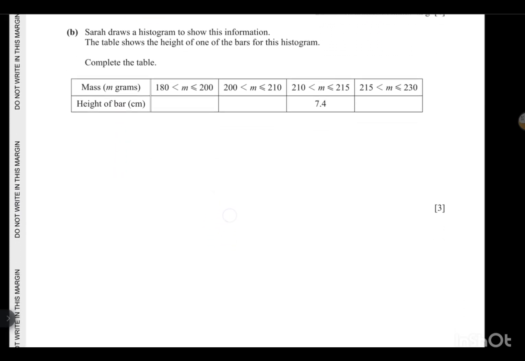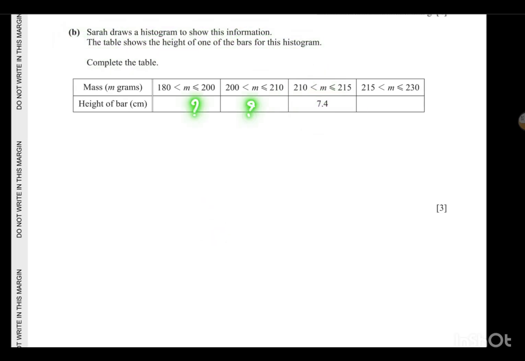Sarah draws a histogram to show this information. The table shows the height of one of the bars for this histogram. So only one class they have given us the height of the bar. Remaining all we need to find out.